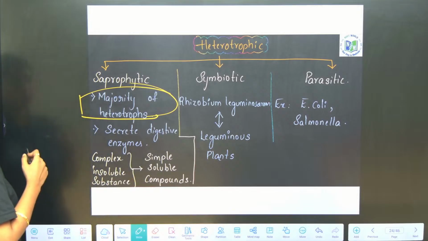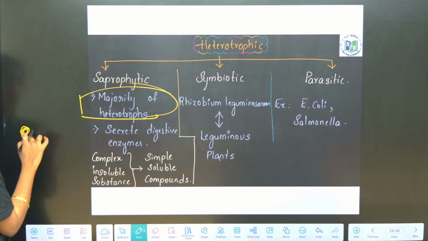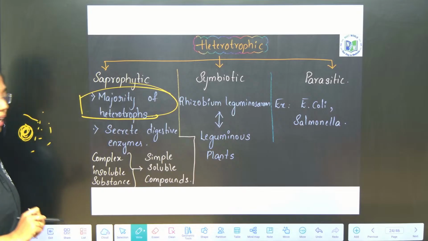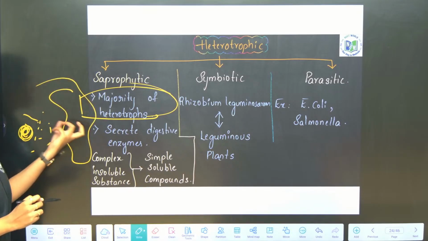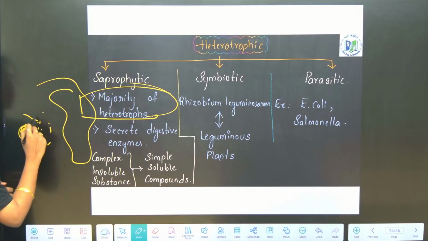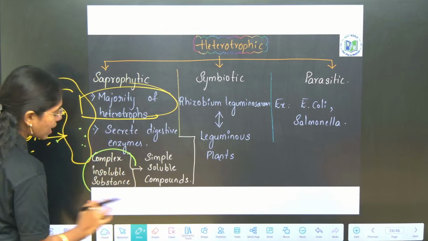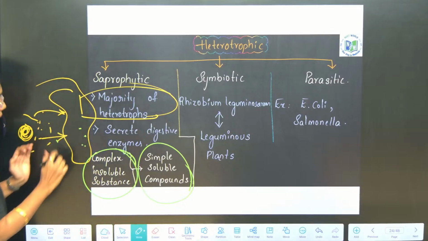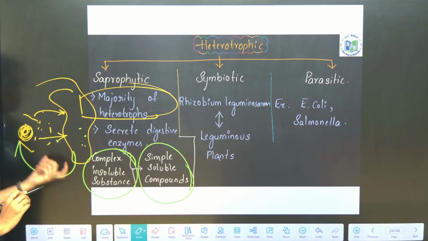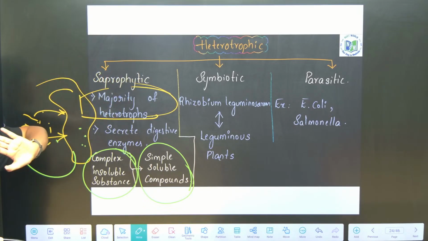Here what happens is, primarily the bacteria will secrete digestive enzymes onto the food material or the substrate which is in its close proximity. These digestive enzymes will convert the complex insoluble substance into simple soluble compounds, and then those simple soluble compounds are taken in by the bacteria. This is how the saprophytic mode of nutrition works.